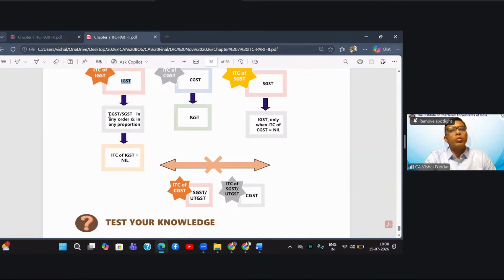Now you will utilize the balance ITC for CGST and SGST liability.